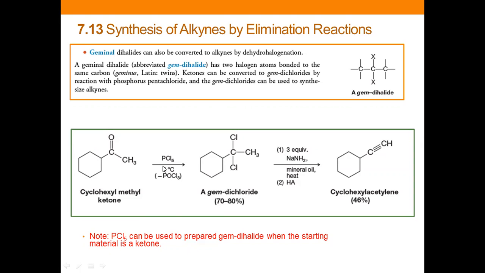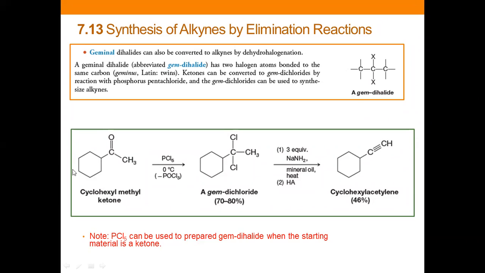geminal dihalides. The usual reagent to prepare a geminal dihalide is PCl5 at a low temperature. Okay. So you have C double bond O, and the oxygen here is being eliminated. The mechanism of PCl5 with its reactions with ketones will be discussed when we get to ketones, I think, in a later chapter.